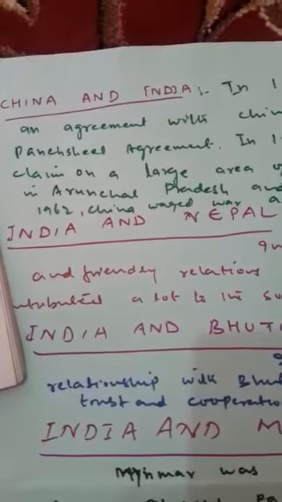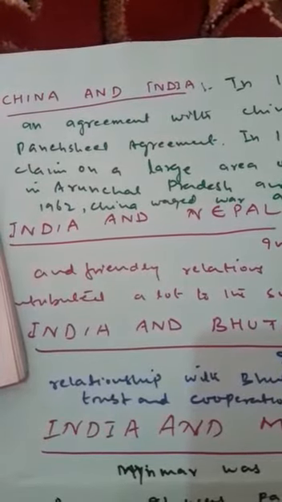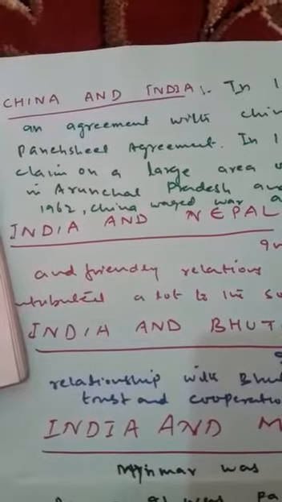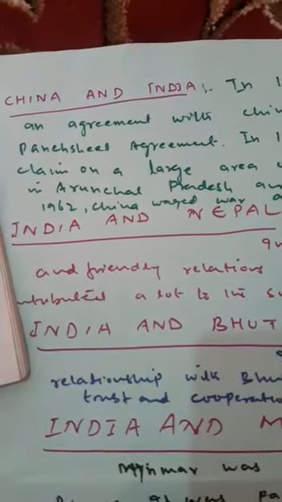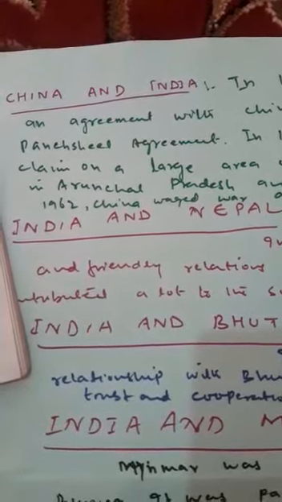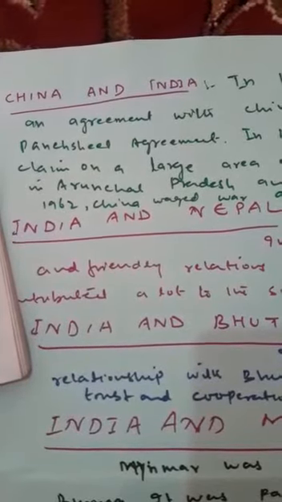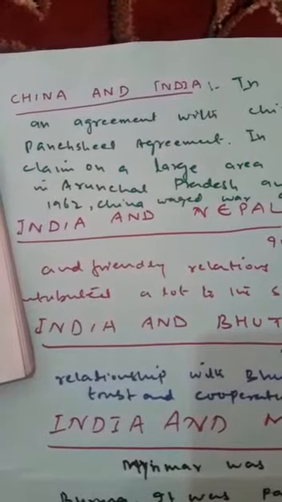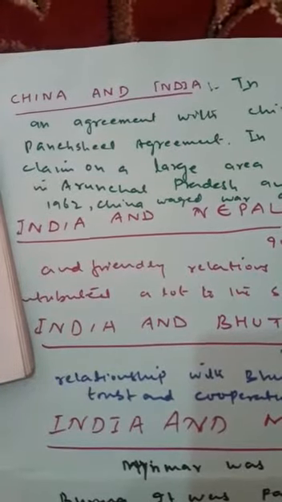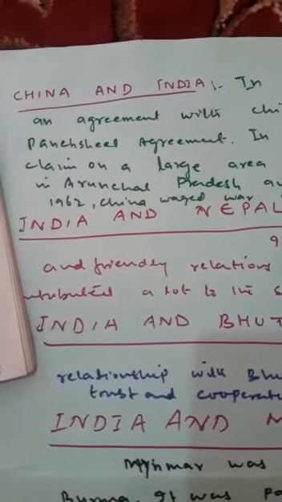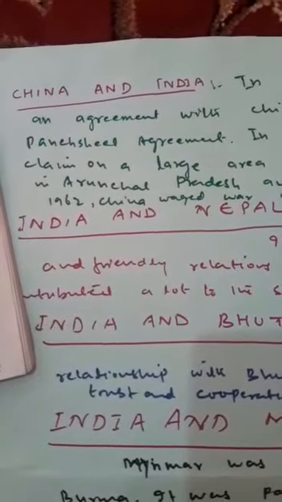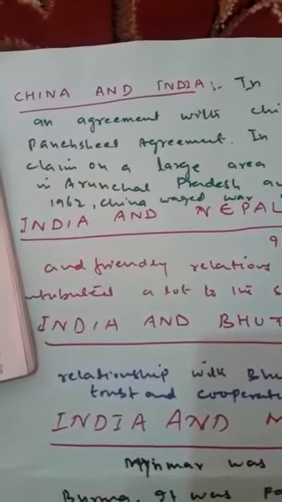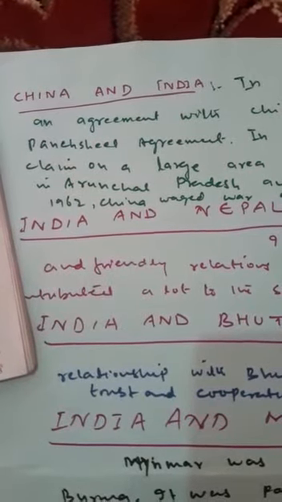After that, in 1993, the two countries signed an agreement during Prime Minister Narasimha Rao's visit. India-China relations further strengthened. In 1996, China's president visited India. This was yet another step forward in this direction.